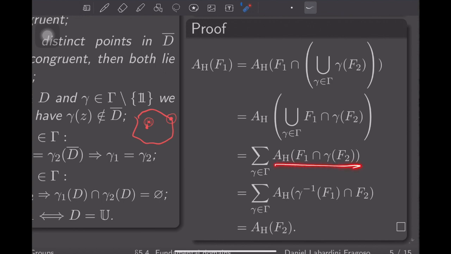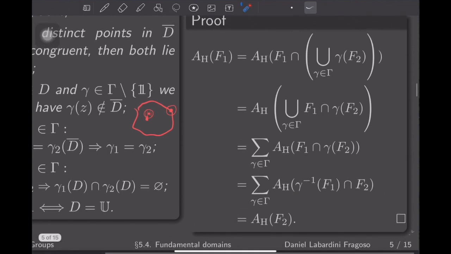From here to here, one uses that the area is invariant under elements of PSL2R, right? Under the isometries that preserve the orientation, and actually under all isometries.